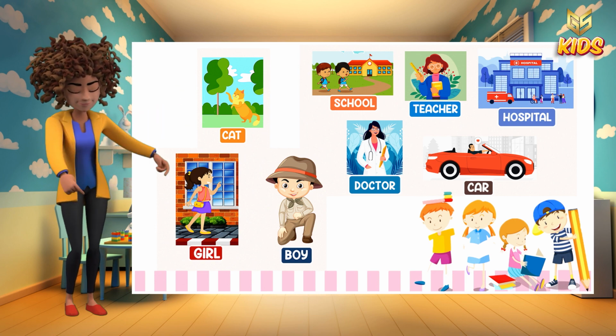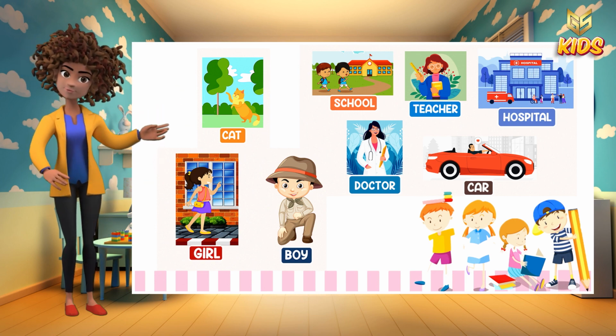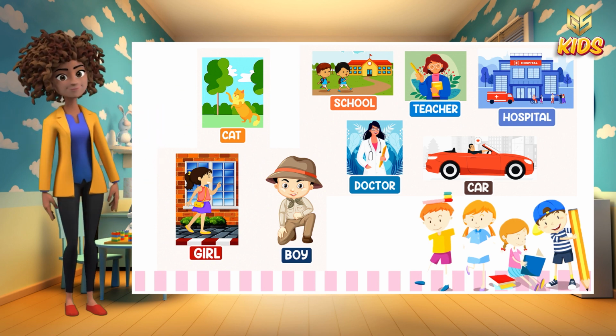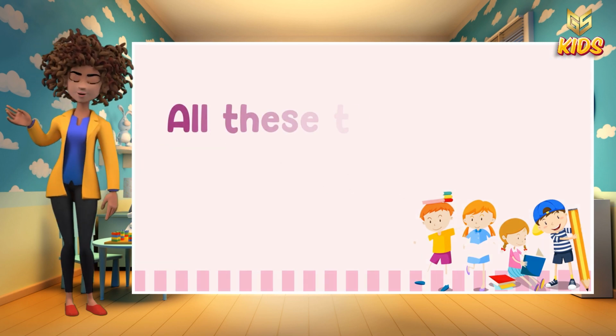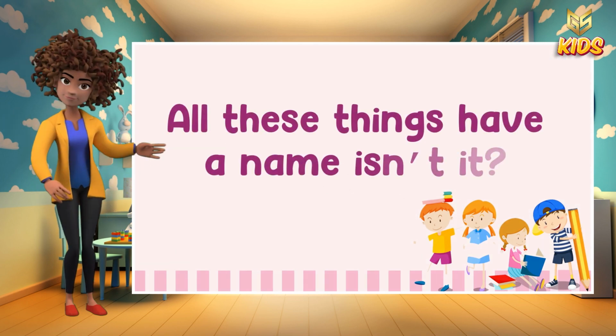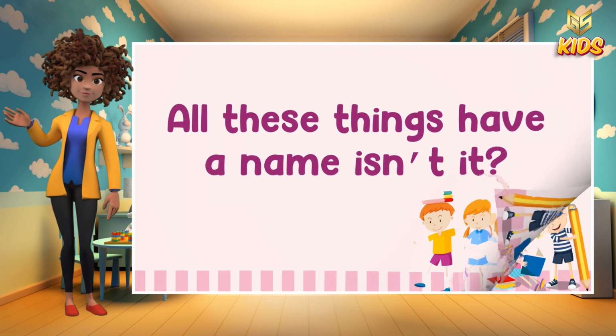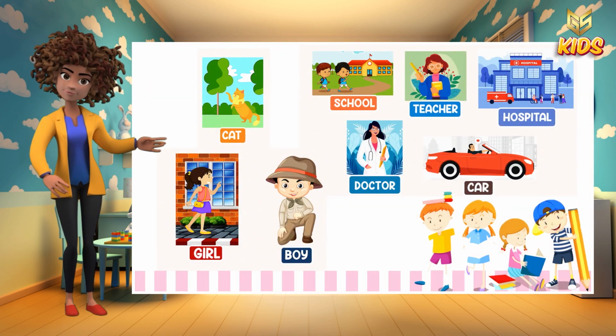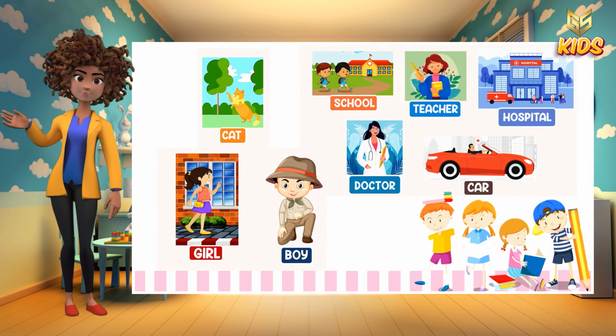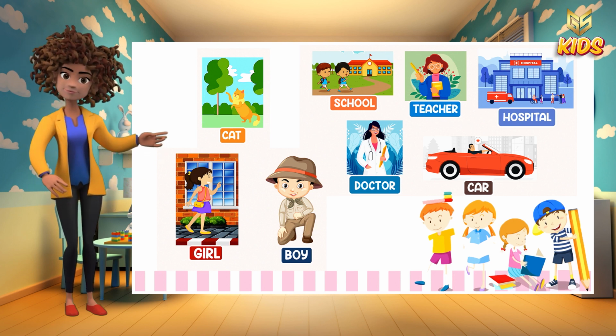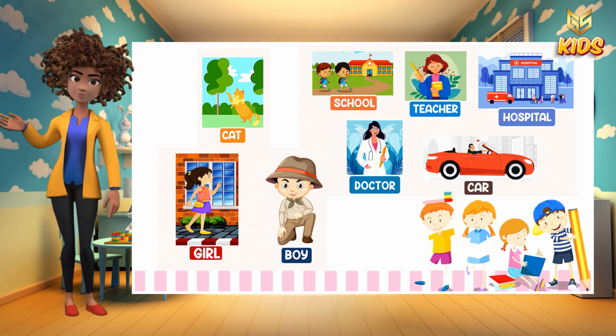We see hundreds of things around us, right children? All these things have a name, isn't it? All these things, I mean the school, teacher, shop, girl, boy, dog, etc. All these things have a name.